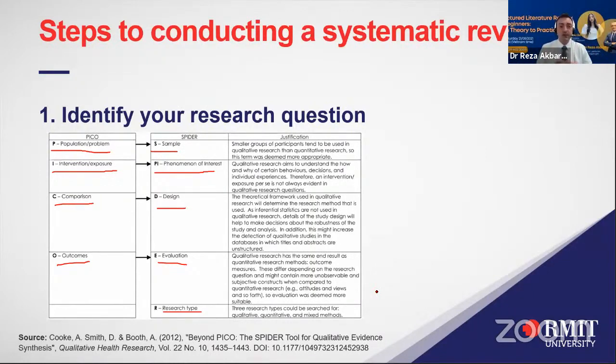But the simple ones are PICO or SPIDER, so you can use these to develop a good, clear research question. This is very important. If the research question is not clear, you're not sure where you're going, right? So again, this is very important for us to make sure it is out there.